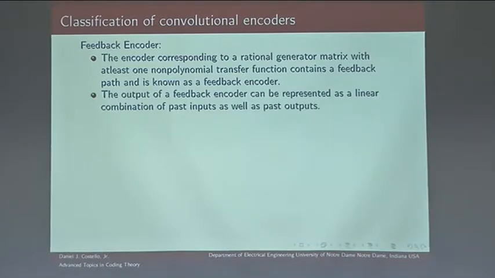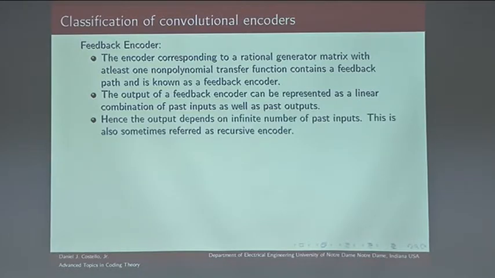So in this case, the outputs of feedback encoders are not just linear combinations of the current input and past inputs, but past outputs are involved also. And that's why it's referred to as a recursive encoder, because the same bits keep getting encoded over and over again because of the feedback.